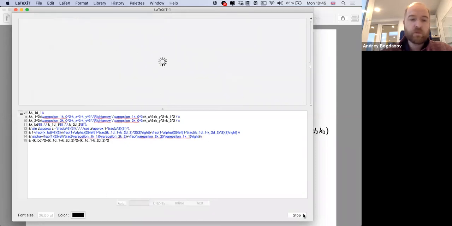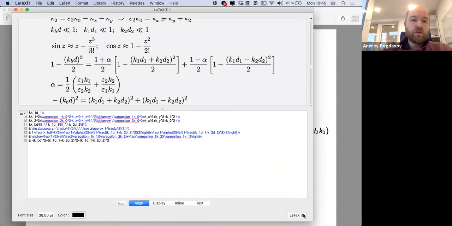Sorry. So this is correct. But I think maybe I skip 1/2 here, for both. Is it true? Yeah. One over 2, and here 1/2 too.